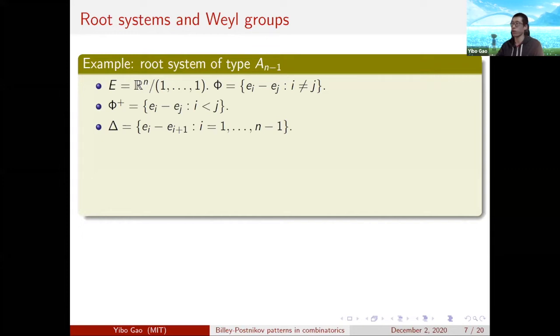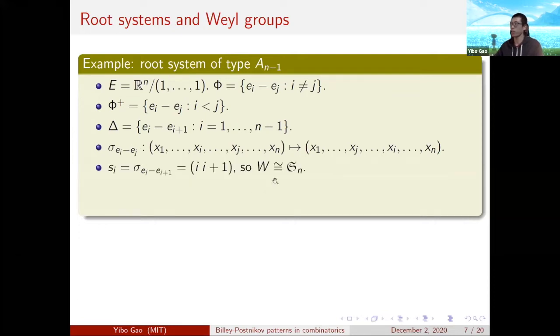So for example, you can see that e_i minus e_j can be written as e_i minus e_{i+1} plus e_{i+1} minus e_{i+2} and so on. So each e_i minus e_j is a non-negative integer linear combination of the simple roots. Right, and I have these reflections, and you can easily see that it just switches the values accordingly, i and j. And because of this, the Weyl group is isomorphic to the symmetric group on n elements.